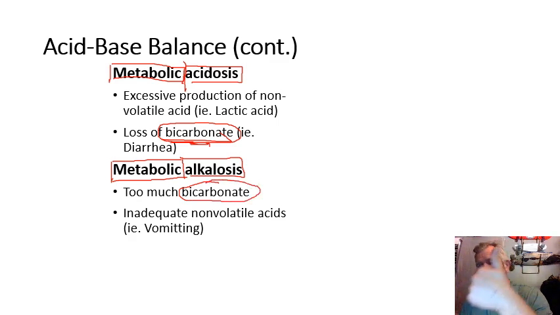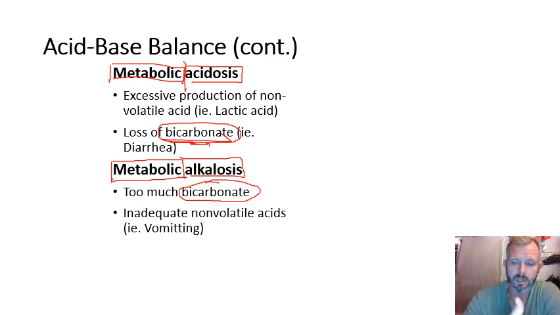Okay, so respiratory is CO2 levels, metabolic is bicarbonate levels, and depending on which one, okay, they're basically opposite. If I have too much bicarbonate, I'm at alkalosis. If I have too much CO2, I'm in acidosis, and vice versa. They are in opposition of each other.